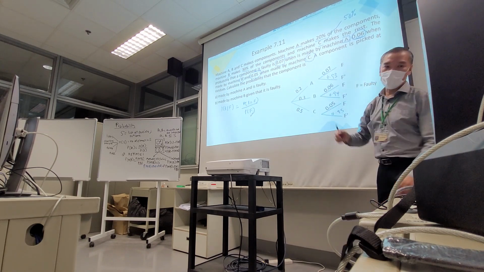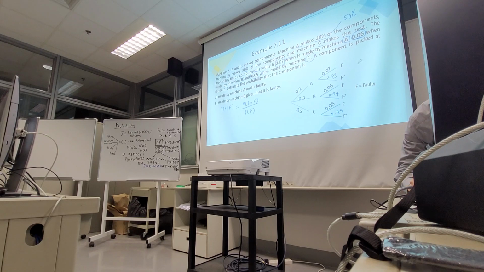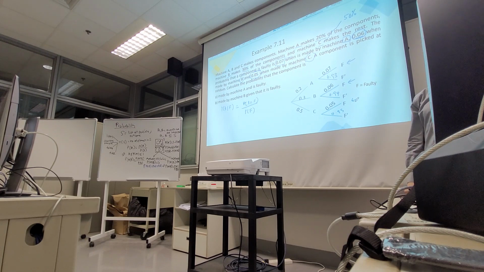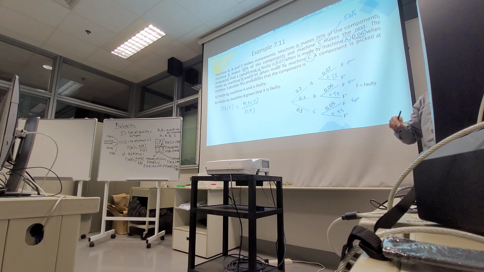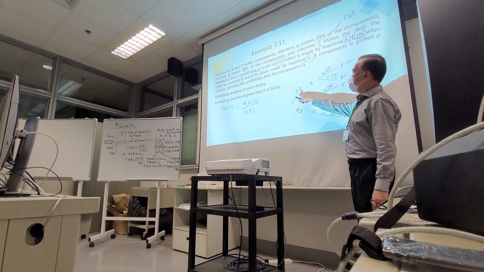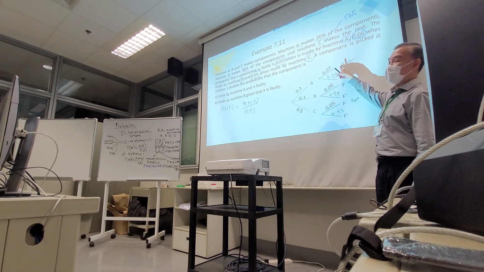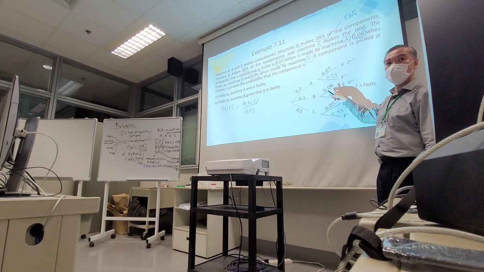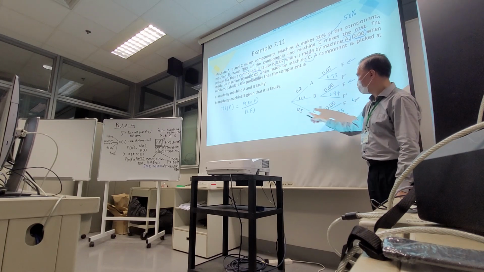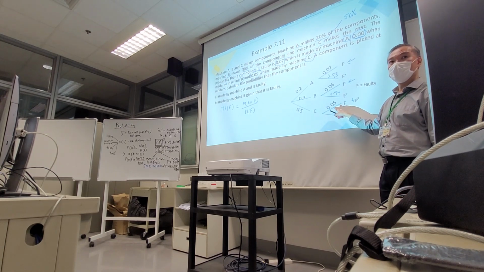Now can you see you have three different things, 1, 2, 3. Got it? So the one below, how to find the probability of F? It is going to be 0.2 times 0.07 plus 0.3 times 0.06 plus 0.5 times 0.05. Got it?